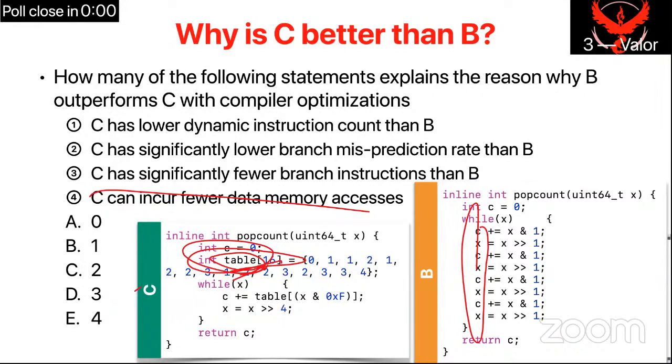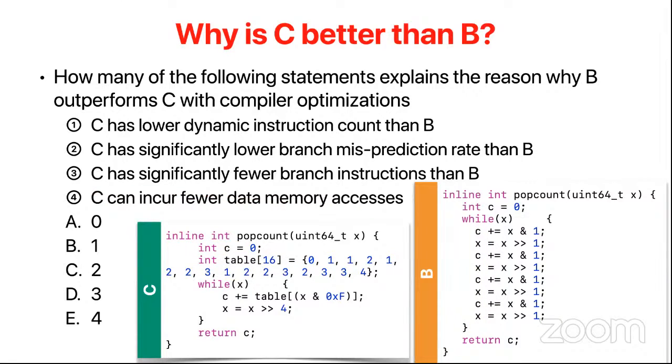But what really makes this idea work is that if you look at the code in C, the first one is correct because you only need one load and one shift, and this shift is basically replacing these 4 shifts.